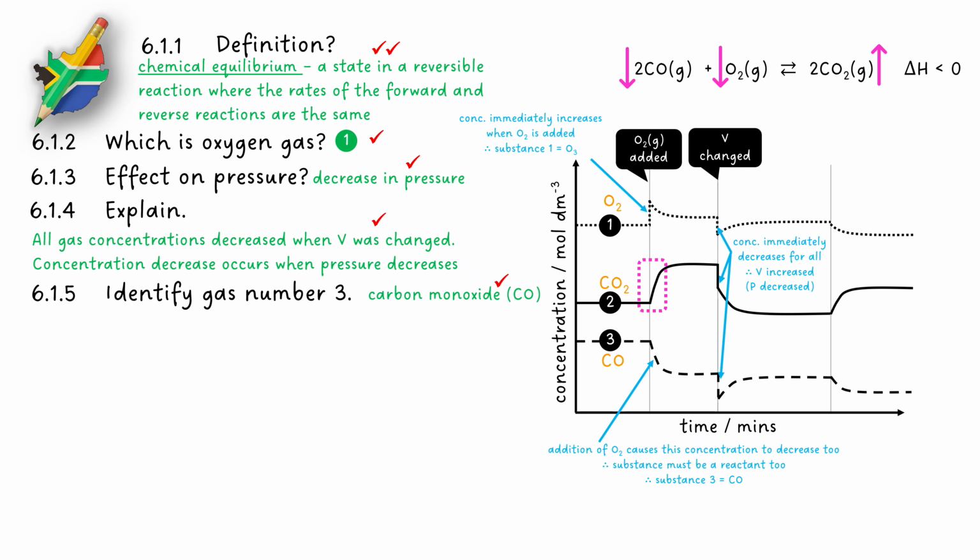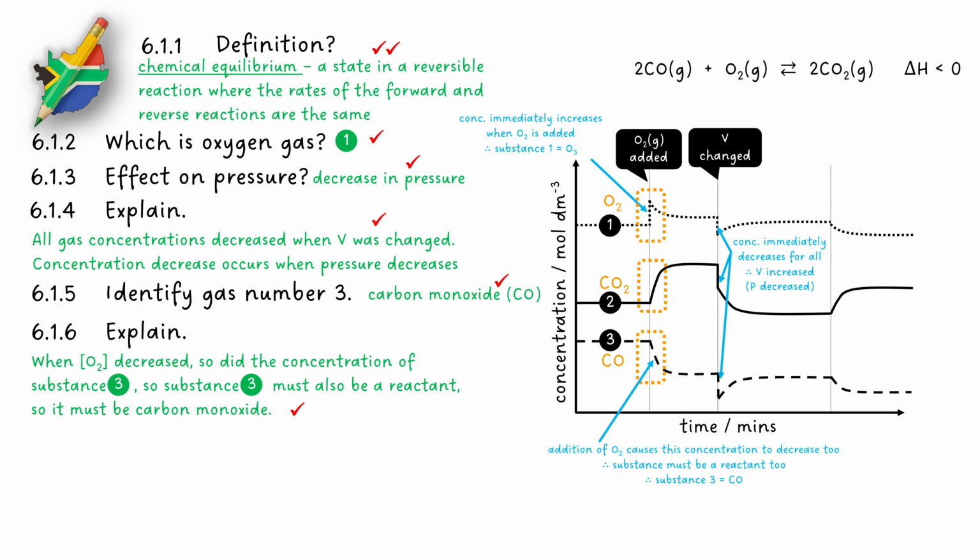And at the same time, the concentration of substance 2 increases, so it must be the product carbon dioxide, whose concentration goes up as the reactants combine together to form it in the forward reaction. We can use the explanation we just discussed for the next question, or we could explain it using Le Chatelier's principle in more depth.